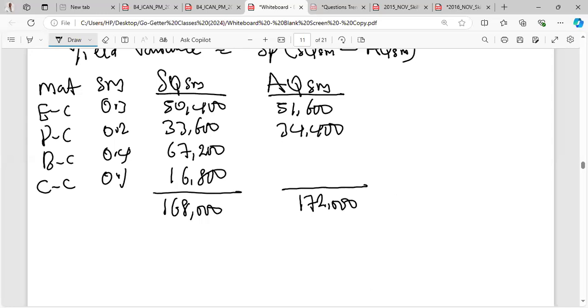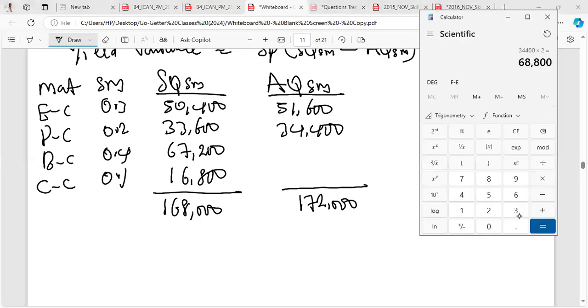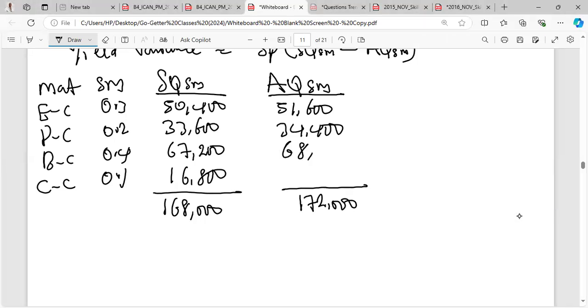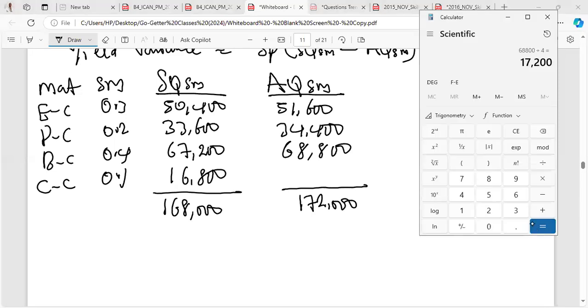I had to use a different way. If I multiply this by 2, I'm getting 0.4, which is 68,800. It means that 0.4 times 172 will give this. I'm just trying to be faster. Now, if I divide this by 4, I will get 0.1.